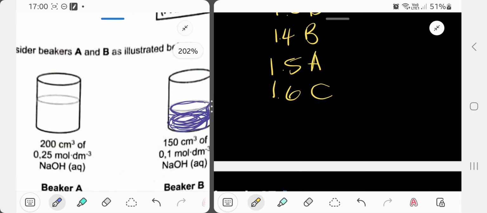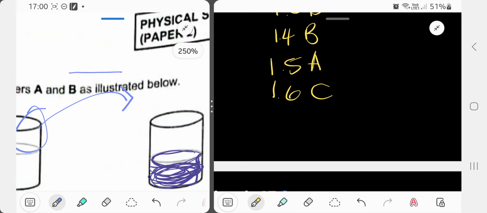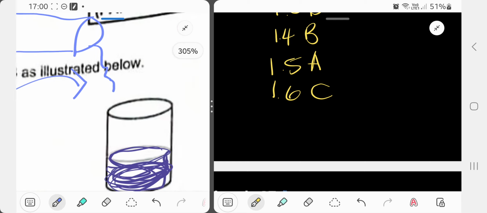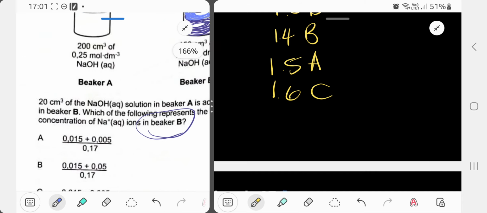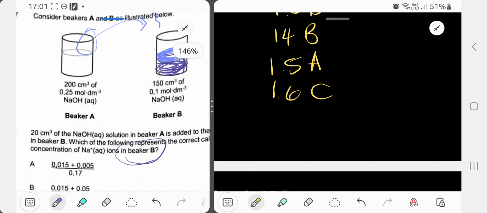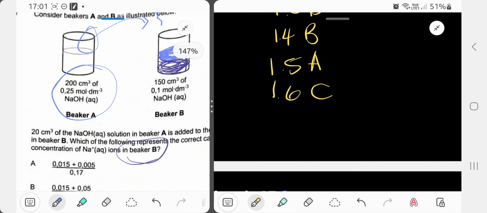We added a few of this guy into this guy. We poured only 20 centimeter cubic, not in length but in volume, of that guy that we had, and his concentration was 0.25.